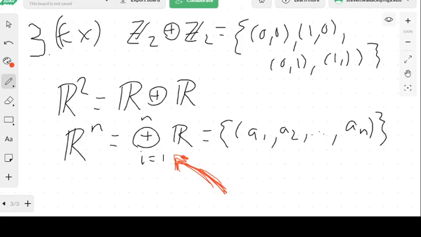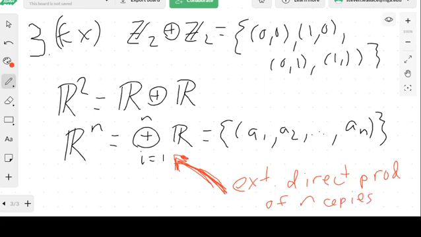So this is the external direct product of n copies of R. Okay?